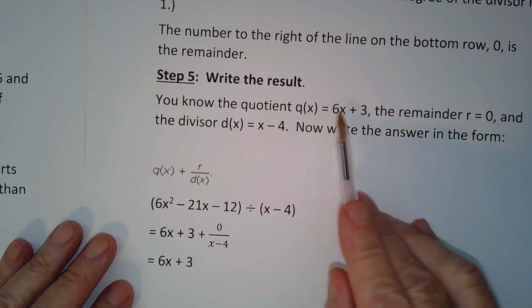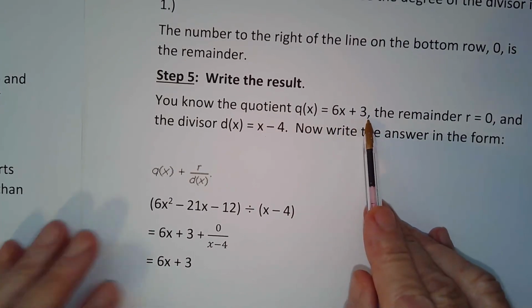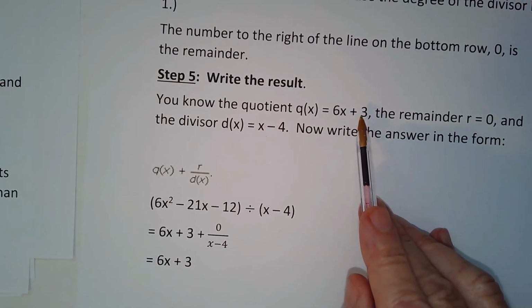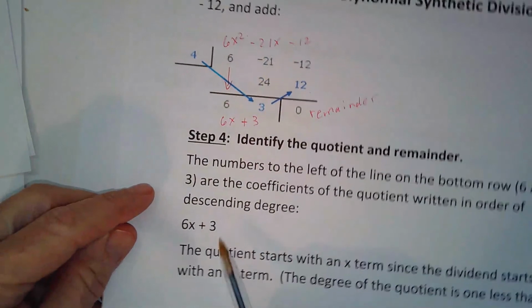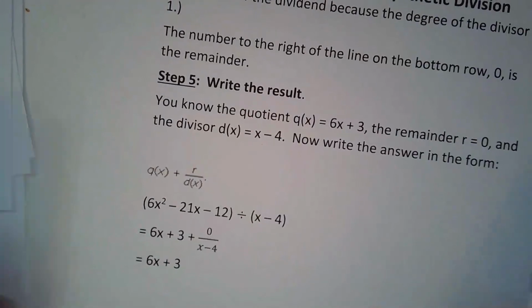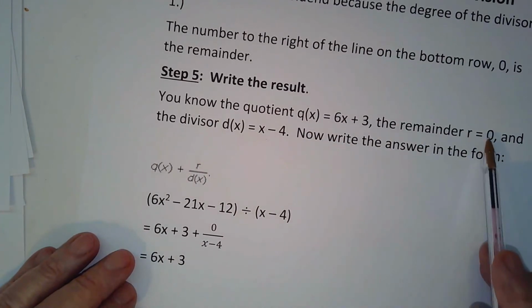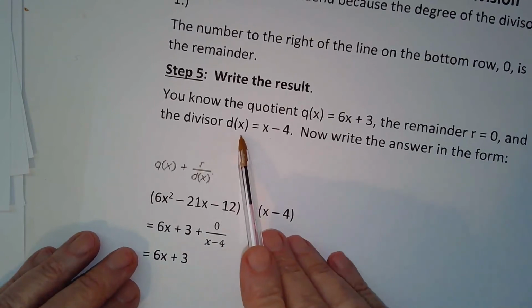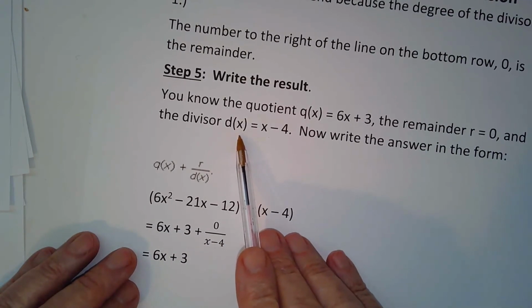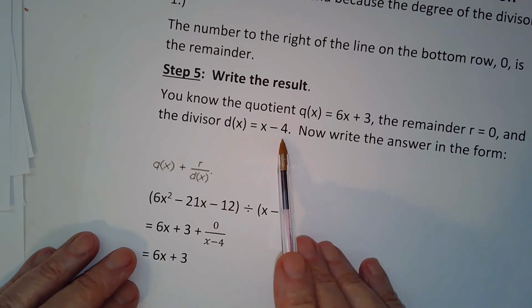We call this q of x, which is 6x plus 3, which I had written down on the previous page. And the remainder is 0, so r equals 0. And the divisor, what we originally divided by, is x minus 4.